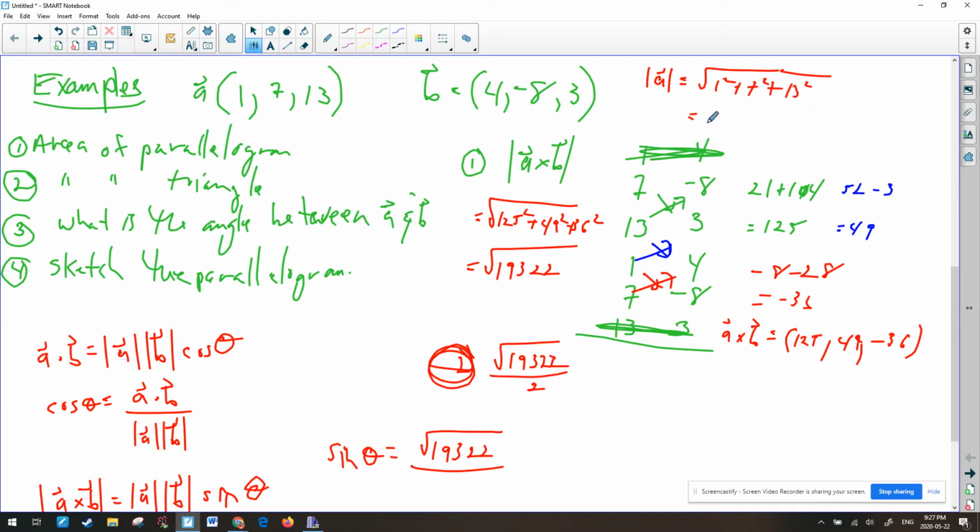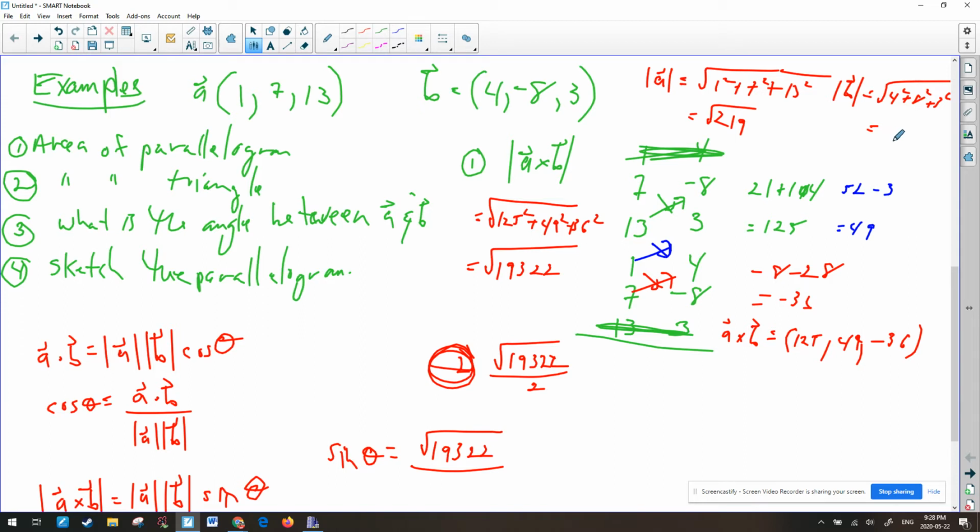Yeah, so that's equal to the root of 219. And really quickly grab the magnitude of vector b, because we need that as well. Magnitude of vector b is equal to the root of 4 squared plus 8 squared plus 3 squared. So that's equal to 16 plus 64 is 80.